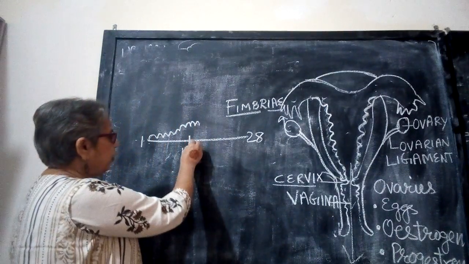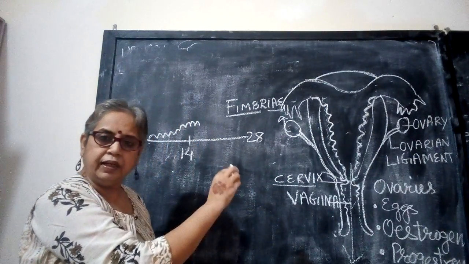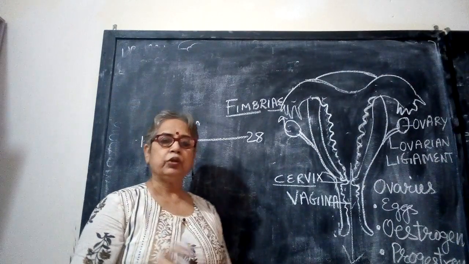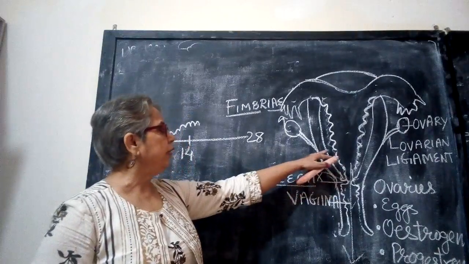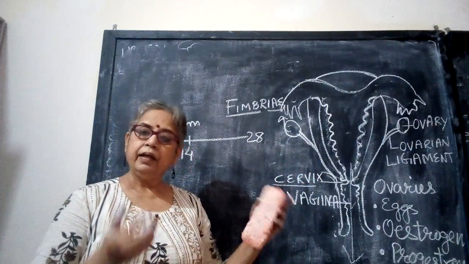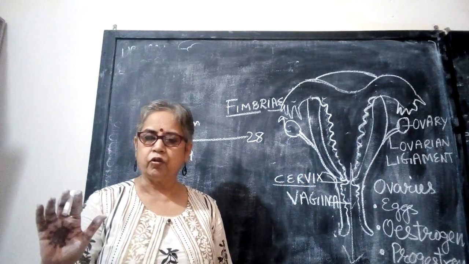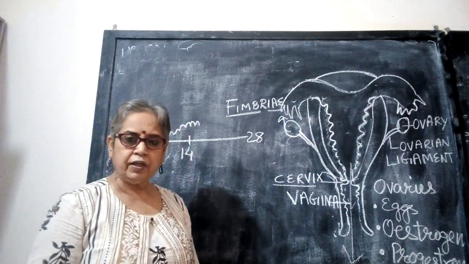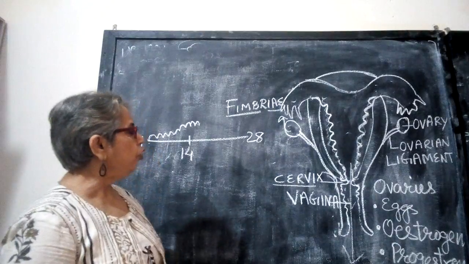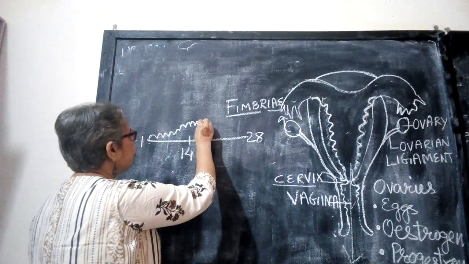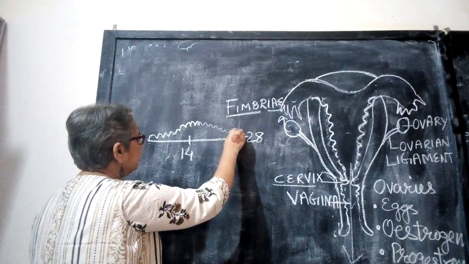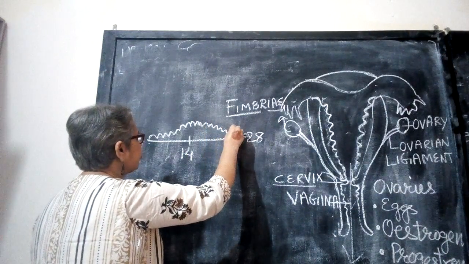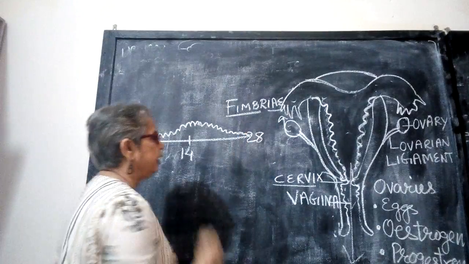Now, this was the case where on the 14th day the egg was released and conception took place. Now we come to the other case: day 14 is there, the egg is there, but there is no sexual intercourse, no sperm, right? So no fertilization. Then slowly the interior uterine wall starts degenerating.